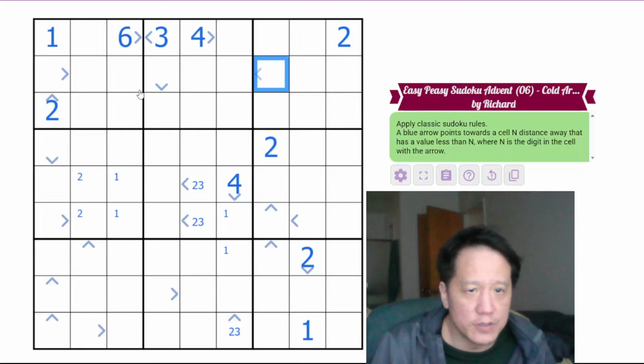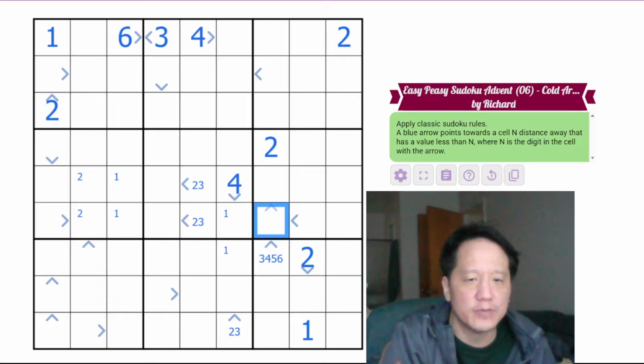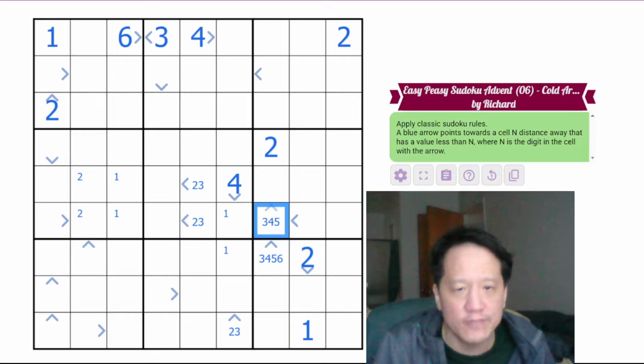This digit can be up to 6 away, so it cannot be 2 away. That's not helpful. This can be up to 5 away. This is up to 6 away, and it cannot be 2, so 3, 4, 5, 6. This can be 3, 4, or 5.